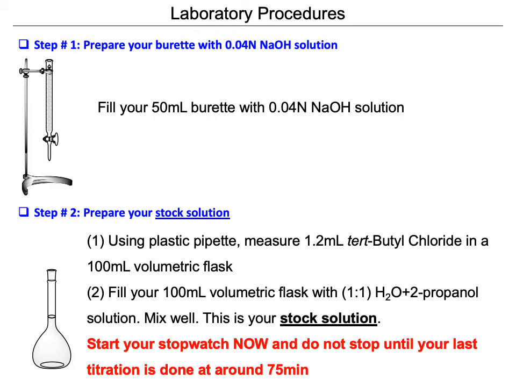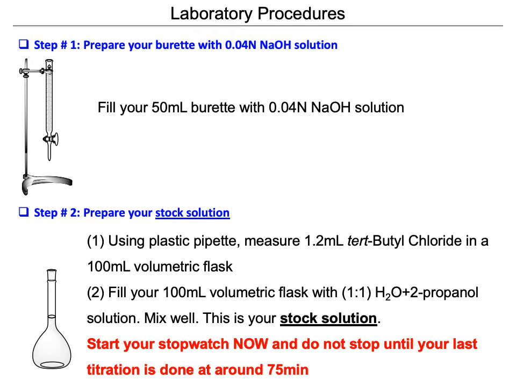For that, we are going to prepare a buret with the 0.04 normal sodium hydroxide solution. We need to fill a 50 milliliter buret with the 0.04 normal sodium hydroxide, and then, using a plastic pipette, measure 1.2 milliliters of tert-butyl chloride into a 100 milliliter volumetric flask.